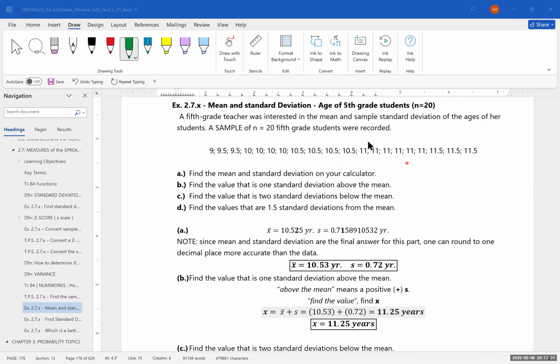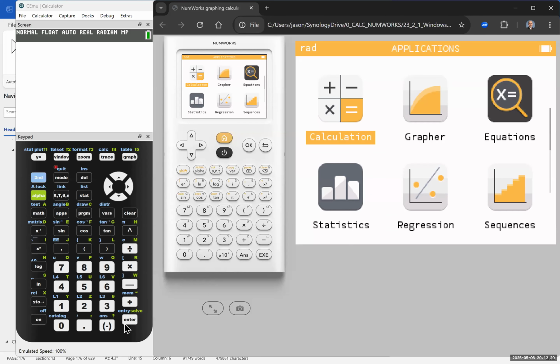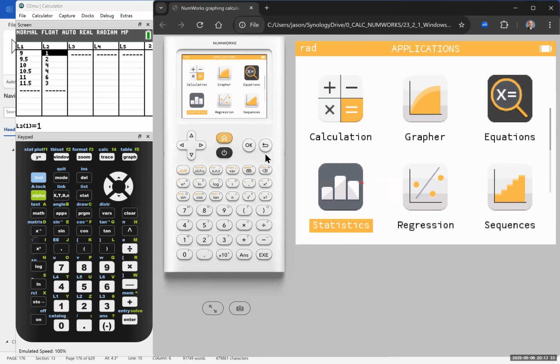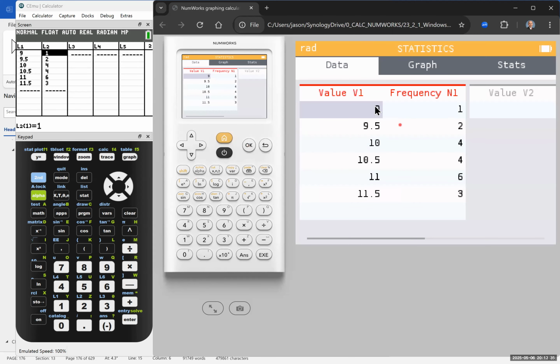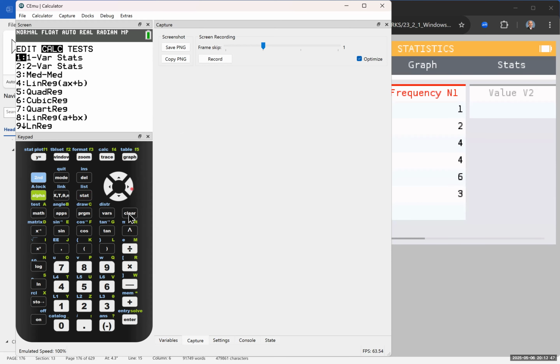So that we can get just by putting into the calculator, which is what I've done here and here. If we look at the list editor for both, the statistics app here, I put in the values with frequencies, and now I can just go into the Texas Instruments, hit the stat button, do one variable stats.